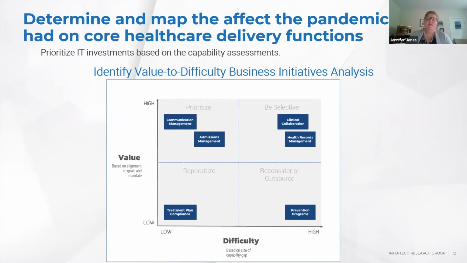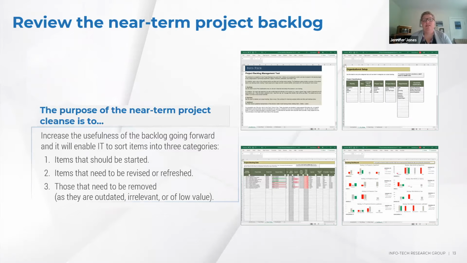Another area that we advise a lot of our members on is how to manage their project backlog. This, again, was of extreme importance early in the pandemic, and I'm sure a lot of teams are revisiting their project backlogs and evaluating what makes sense for them. In the tiles you see on the right-hand side, they are different examples of tools that are created within Excel that help manage the IT backlog.